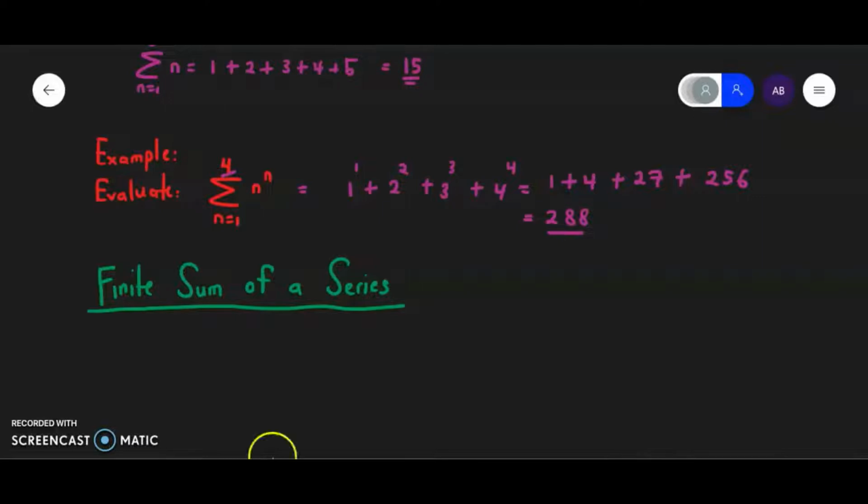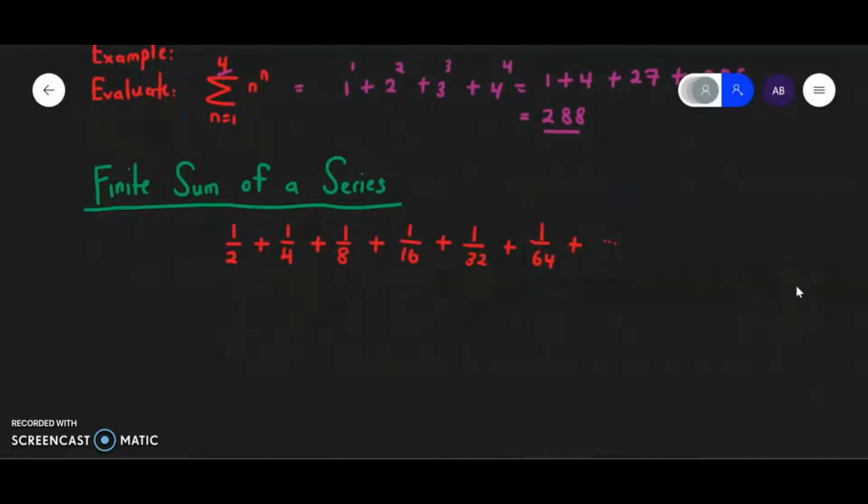So for example, let's say I have this series here: 1 over 2 plus 1 over 4 plus 1 over 8 plus 1 over 16 plus 1 over 32 plus 1 over 64 plus whatever the terms.